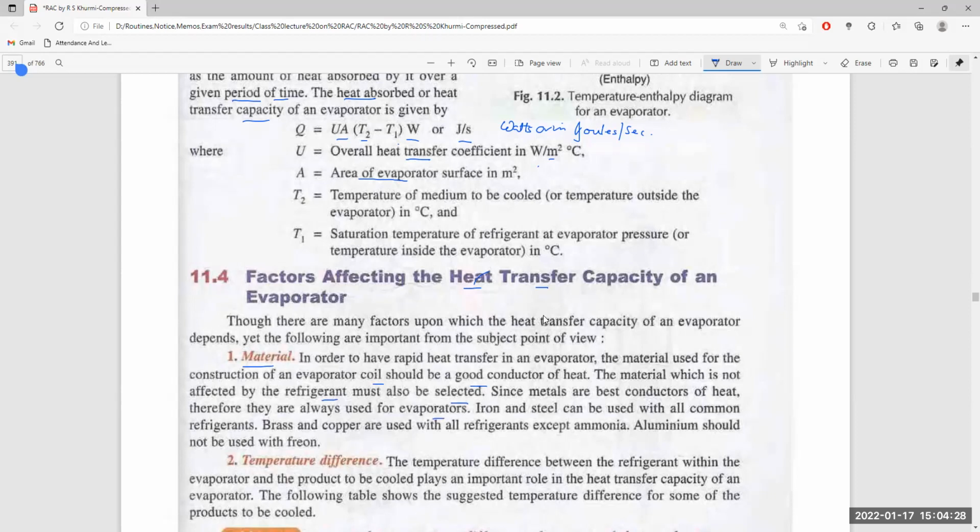Iron and steel can be used with all common refrigerants. Brass and copper are used with all refrigerants except ammonia. Aluminum should not be used with ferrous metals.